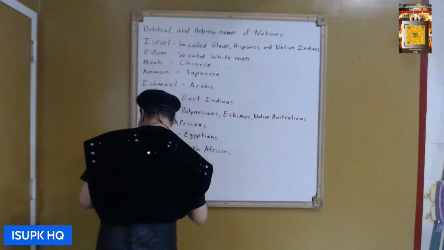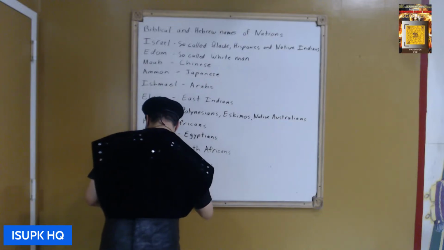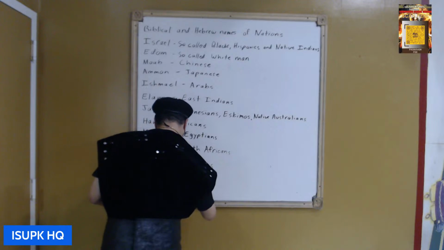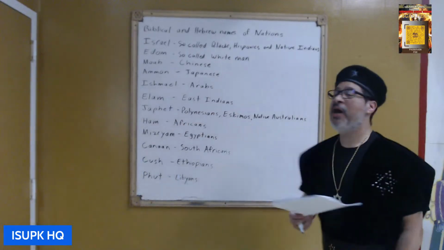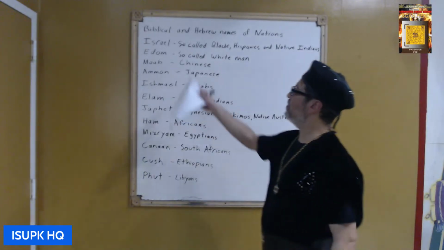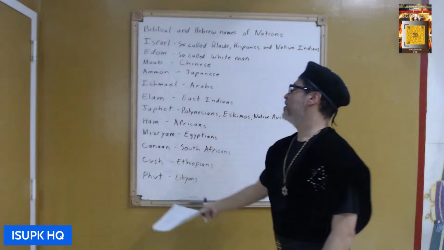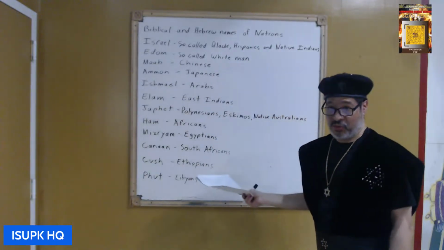And we have Phut, which are the Libyans. So when you read the Bible, you come across these names, now you know who they actually are.